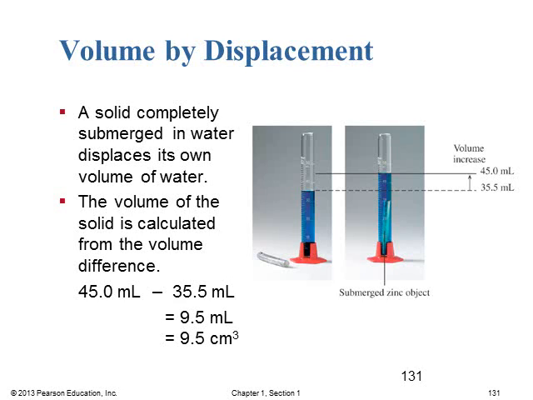Then you can take this oddly shaped object and put it into the graduated cylinder and see how much the water rises. After you place the zinc into the graduated cylinder, you see the new volume as 45.0. That difference in volume is the volume of the object, which is 9.5 milliliters, or 9.5 cubic centimeters.